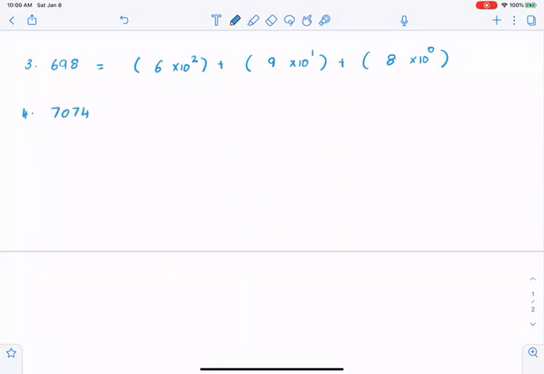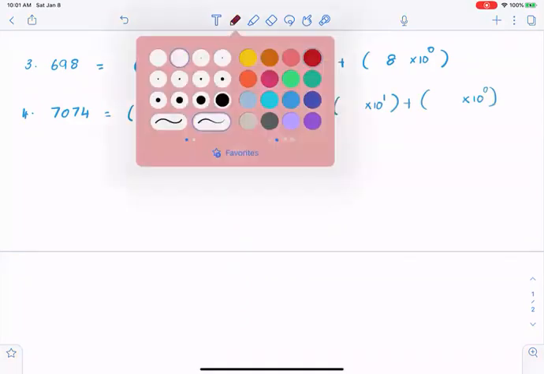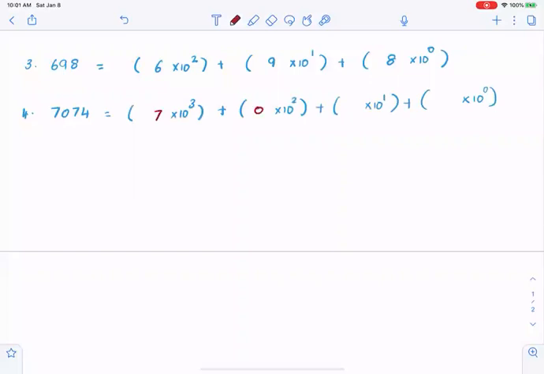So the key thing to note here is I have 4 digits, so I will have 4 terms in my expanded expression. So 10 raised 0, 10 raised 1, 10 raised 2, 10 raised 3. Then I'm going to put in the digits 7, 0, 7, 4.